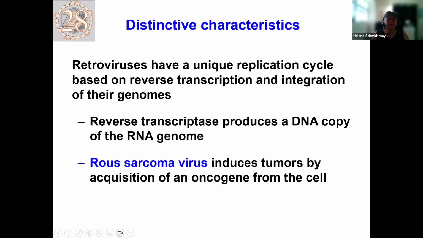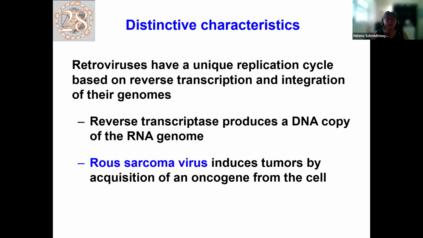Now, what is very distinctive about the retroviruses is that they have a very unique replication cycle because their genome is RNA. So when they enter target cells, this RNA is retrotranscribed into double-stranded DNA, and this double-stranded DNA is transported into the nucleus and integrated into the genome.